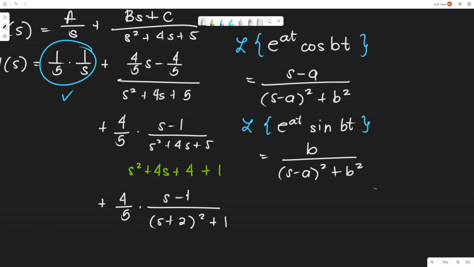Since meron kang s minus something, dito ka magta-try, no? Kay s minus a. However, s plus 2 yung s minus a mo sa baba. Dapat s plus 2 din sa taas. So, para magkaroon ka ng s plus 2, pwede kang mag-add ng 2, pero magma-minus ka din ng 2. Okay? Magma-minus ka din ng 2. So, we can have this, no?